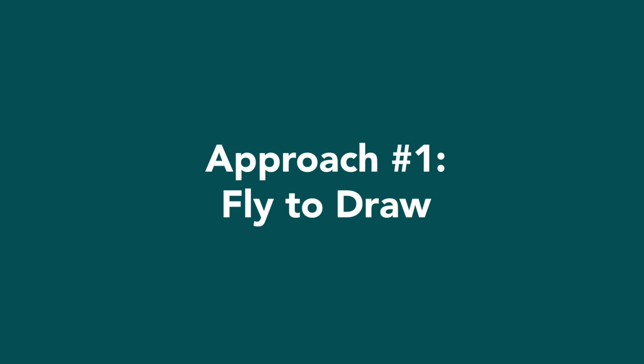Approach number 1, fly to draw. So the very first approach that you could take is to essentially use your drone almost as a drawing tool and mark your particular site or asset in the field itself or on the site itself and plan your mission that way.